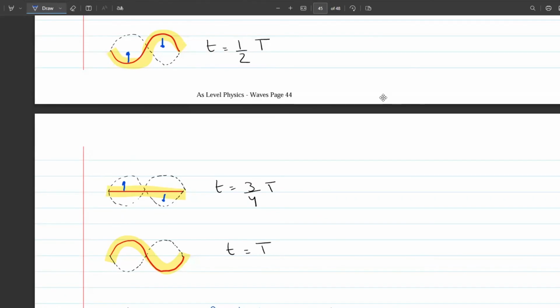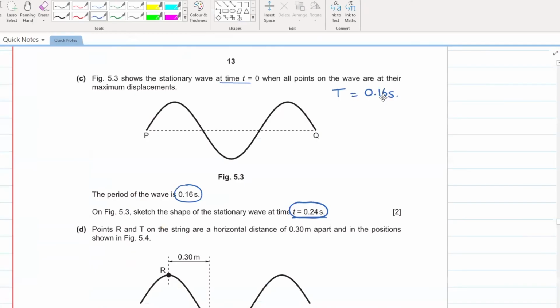If you notice, we have a time period of 0.16. You have to calculate the position at 0.24 seconds. So 0.24 seconds is basically what? Time period plus time period over 2.